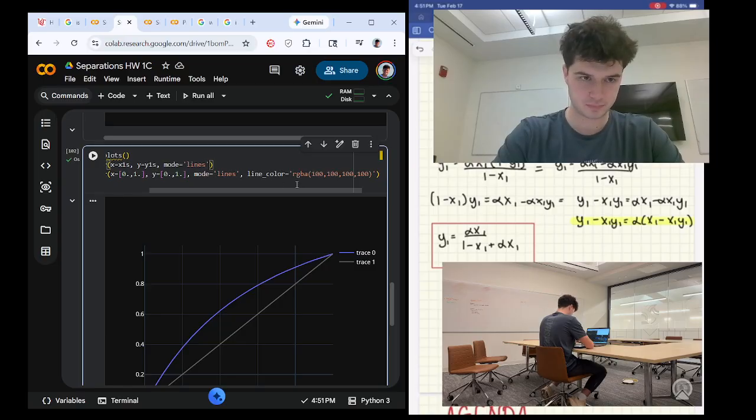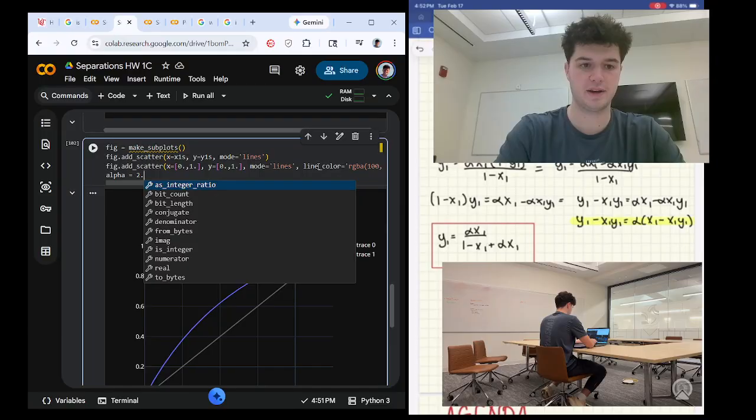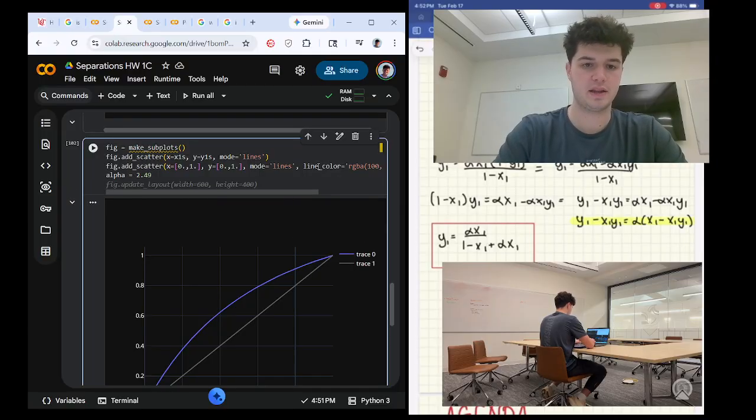So now, let's go up into this, and here we are going to have to add an alpha value, which we found to be 2.49. And then we are going to have to add the actual line that we just created.